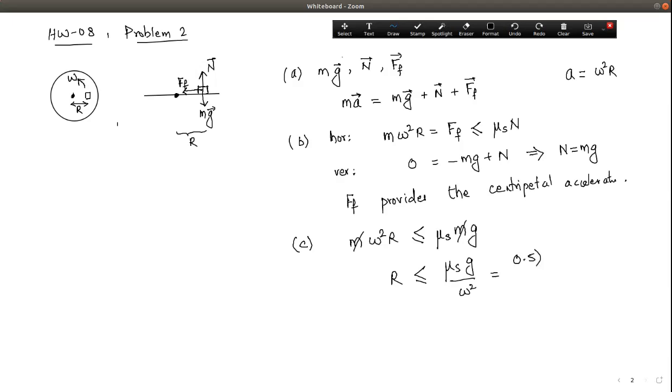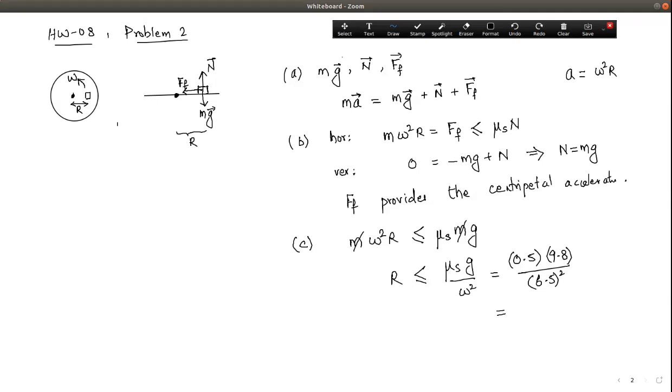One significant digit in the coefficient of static friction, so it's 9.8, and omega is given to be 6.5 squared. This can be calculated, and we need to keep only one significant digit. 6.5 squared.